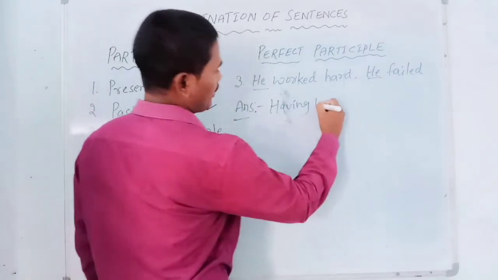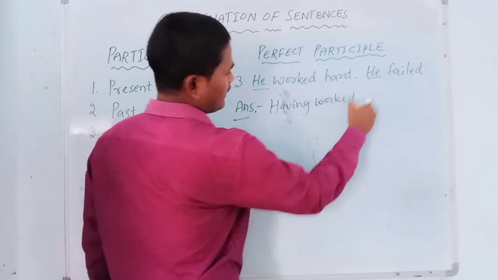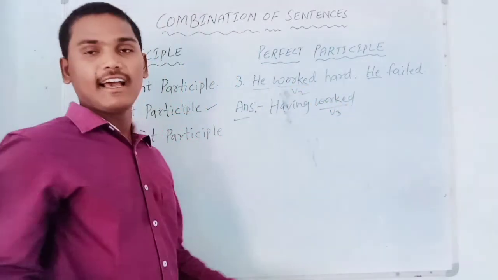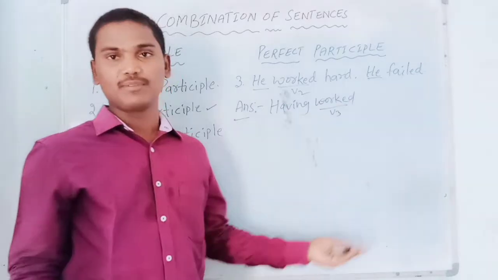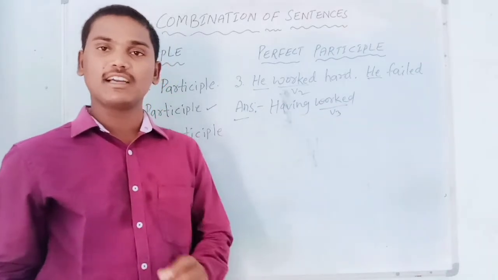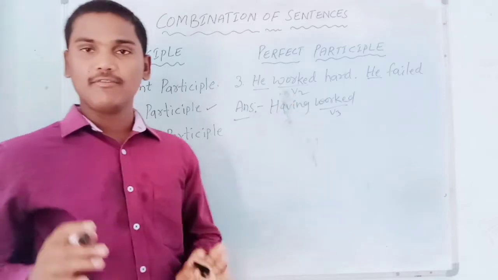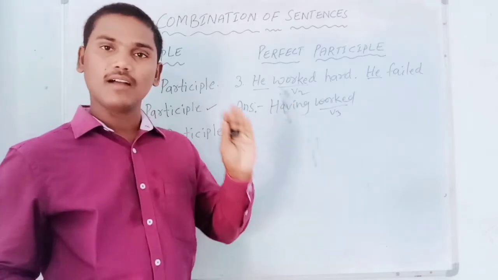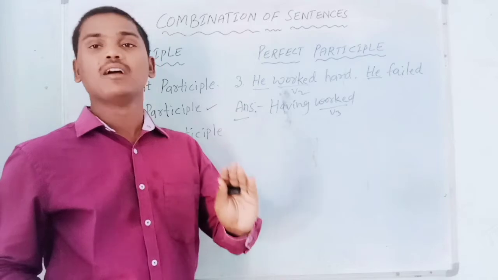So, having worked. Dear students, here worked is V2 and here worked is V3. I think you know very well the difference between them. Worked, working. Worked, V2 and V3 are the same. But when we are going to identify them, we have to find them according to the word forms.